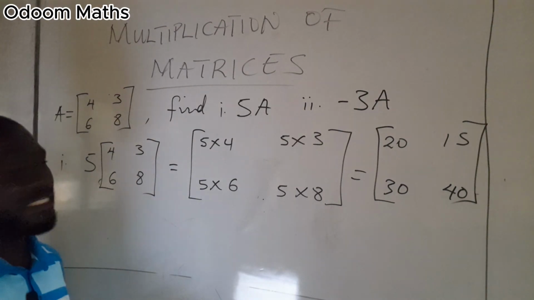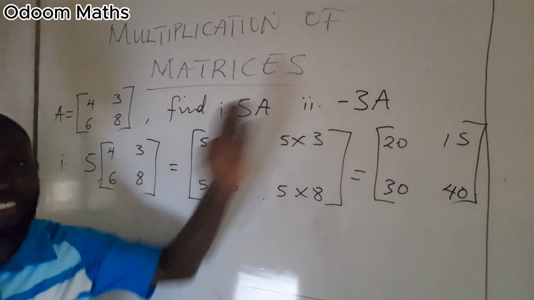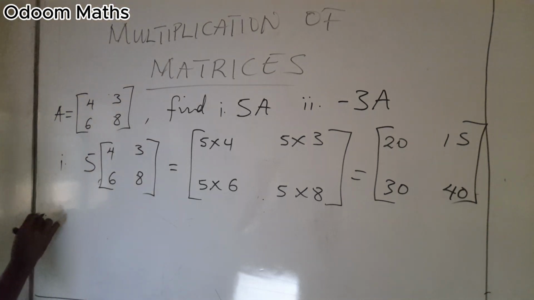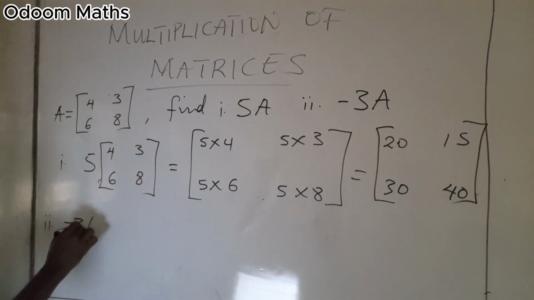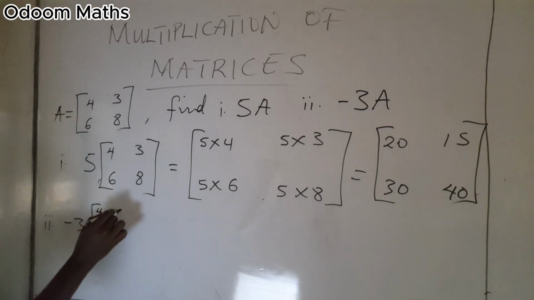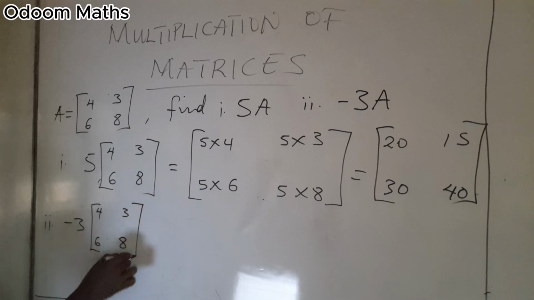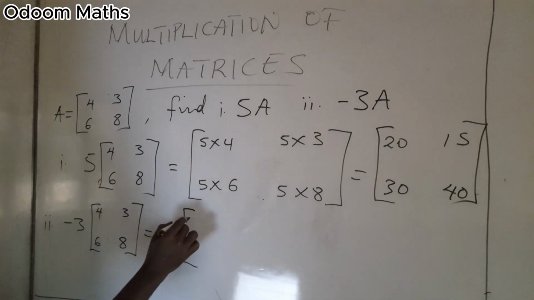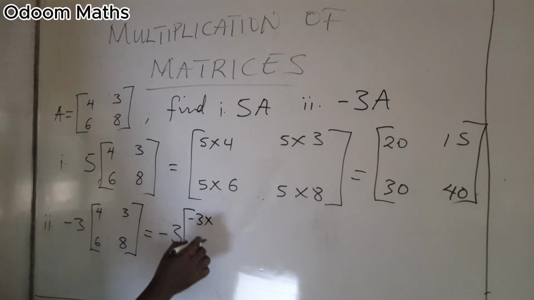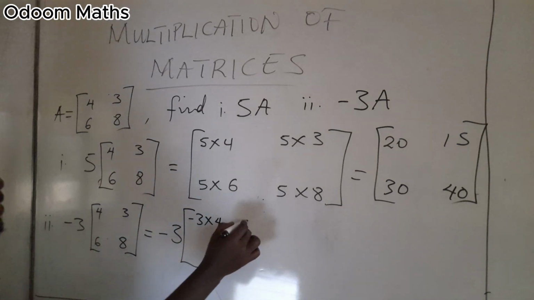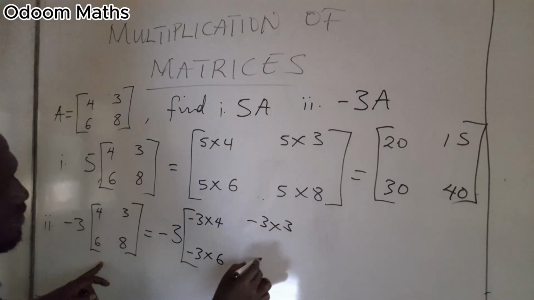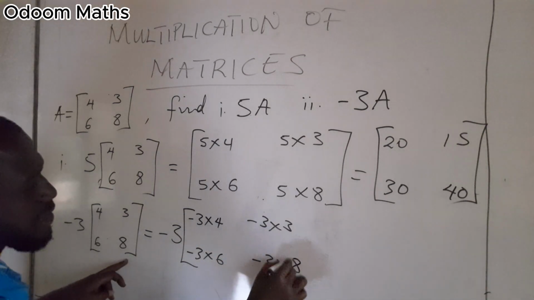Now let's look at the second question. The second one is negative 3A. So that is negative 3, and then our matrix is 4, 3, 6, 8. That is going to be negative 3 multiplying the elements. So negative 3 times 4, negative 3 times 3, negative 3 times 6, negative 3 times 8.